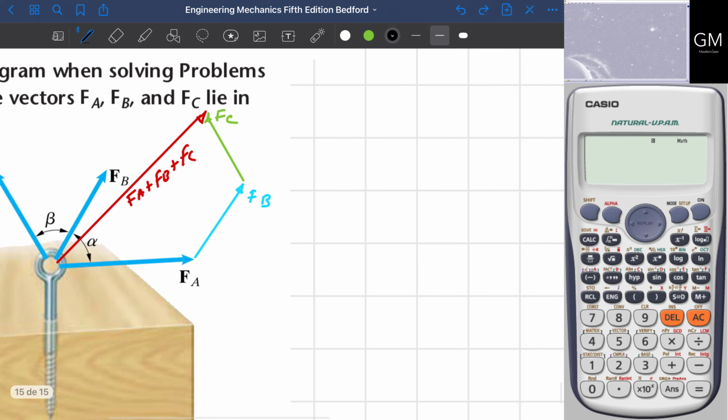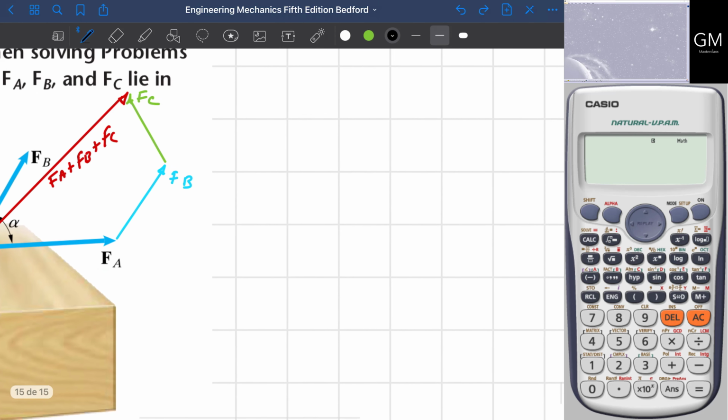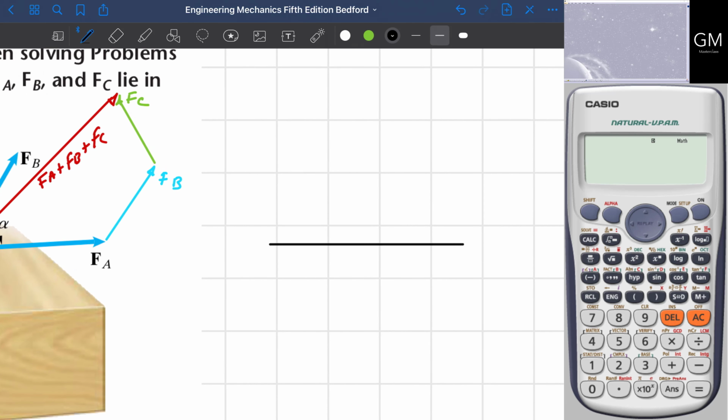In this case, I'm going to draw FA right here, FB right here, and FC right here. Why do I want to create that kind of shape? Because I want to show that I could move FA right here and FC right here, and the result will still be the same.